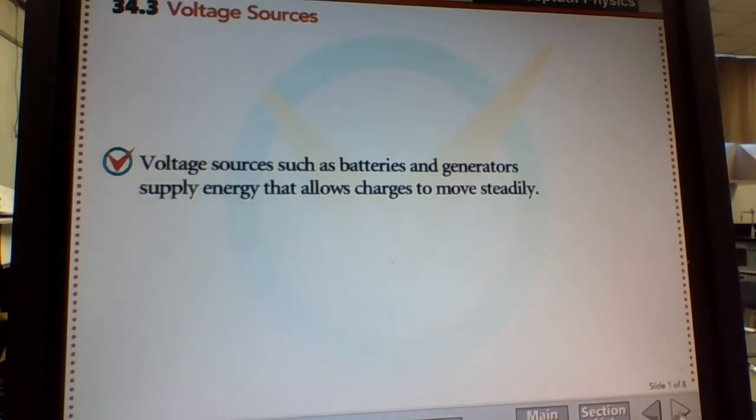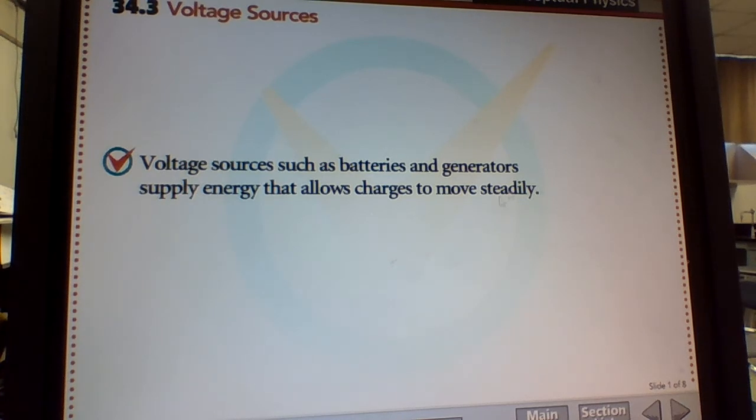Voltage sources. Where do we get our voltage from? The two most common places are batteries and generators. In your automobile, since roughly the mid-60s, they don't use generators anymore, but rather they use alternators. An alternator and generator basically work on the same kind of principles; they're just slightly different. An alternator just ends up being a little bit more reliable than a generator, and that's why we put it into our automobiles.